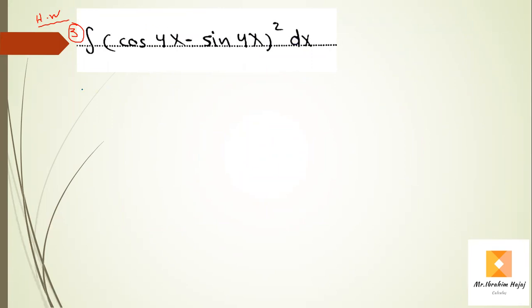We have the integral of cosine 4x minus sine 4x, all squared. First, we must expand.